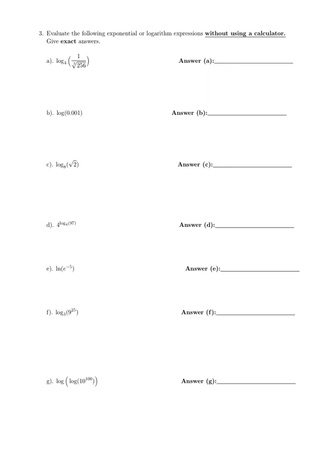Okay, let's go with number 3. Evaluate the following exponential or log expressions without using a calculator. Give exact answers. Okay, so let's go with part A. Log base 4 of 1 over cube root of 256.